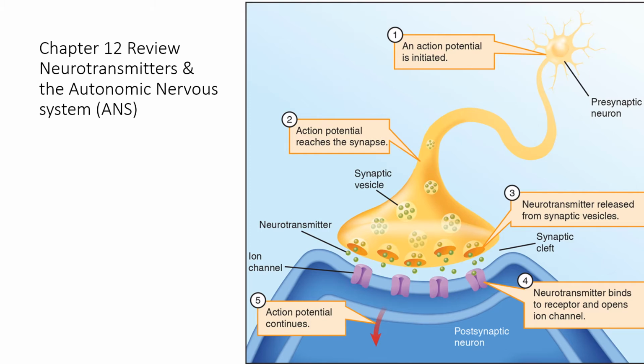So in general, the parasympathetic neurotransmitter is acetylcholine. Those little tiny green balls that are being released there, if it's the parasympathetic system, it's acetylcholine. If it's the sympathetic system, it is usually norepinephrine. Okay, and we'll get to those.